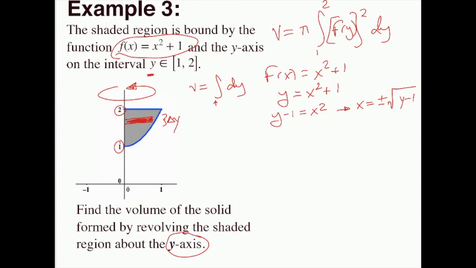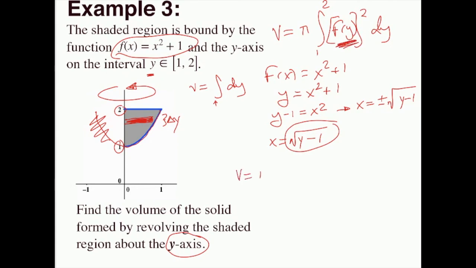The positive square root would be the right-hand side of the parabola. The negative square root would be the left-hand side. We don't have the left-hand side, so we only want the positive square root. X equals positive square root of y minus 1. And that's our function of y that we want to plug into our formula.